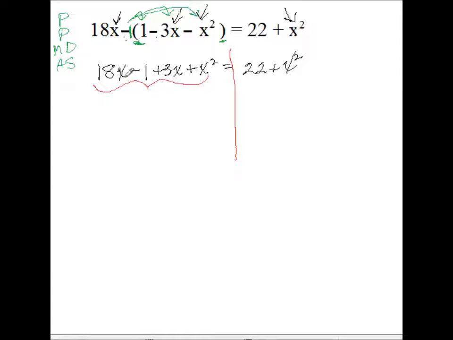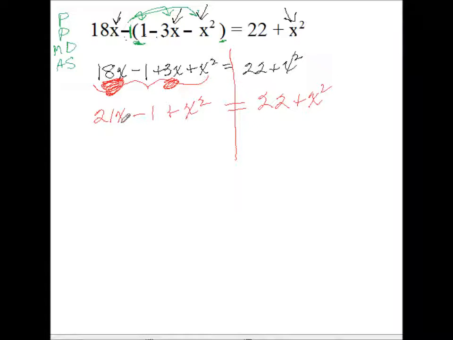We just, like I tell the kids, tidy up your room, put all your shoes together, put all your shirts together. So we need to put the x's together. So there's 18 of these x's and 3 of these x's, so that's 21 x's altogether. And then we have an x squared, a -1, and an x squared equal 22 plus x squared.